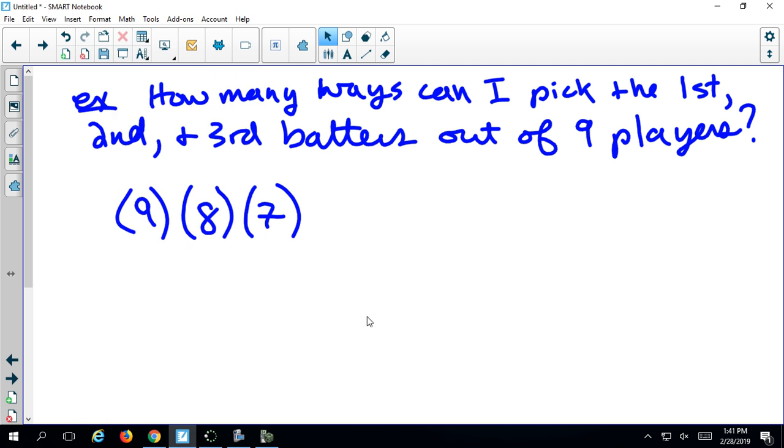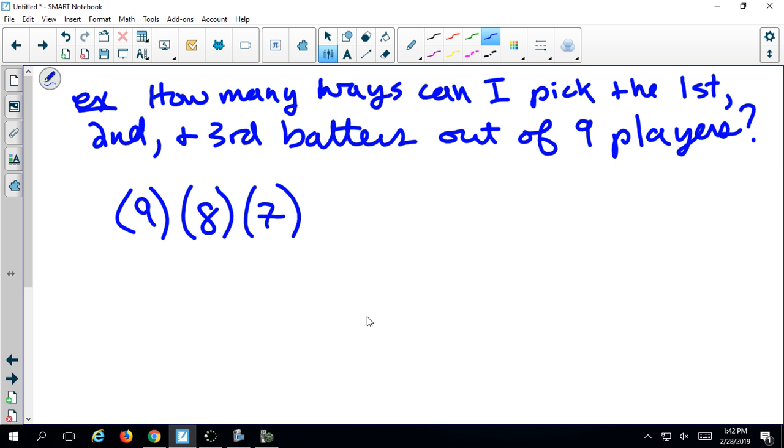504. Okay. Well, how are we going to write this in a formula? That's the hard part. How are we going to tell the formula to stop where we want it to stop? So why did we stop at 7? Because we're only picking 3, right?